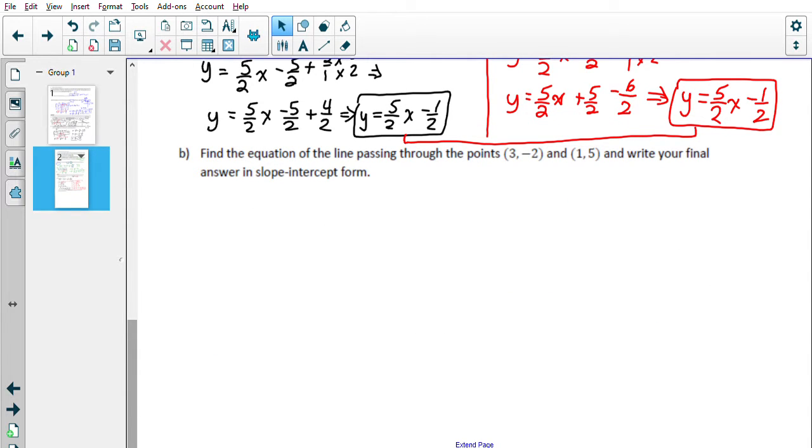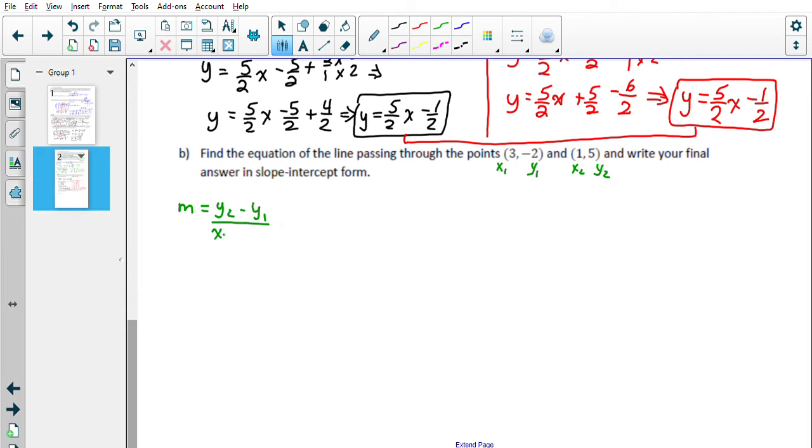Alright, so we'll do the second example, but I'll only do this one way, now that I've proven to you that it works. So we have 2 points, (x1, y1), (x2, y2). We're going to first calculate the slope, (y2 - y1) over (x2 - x1).